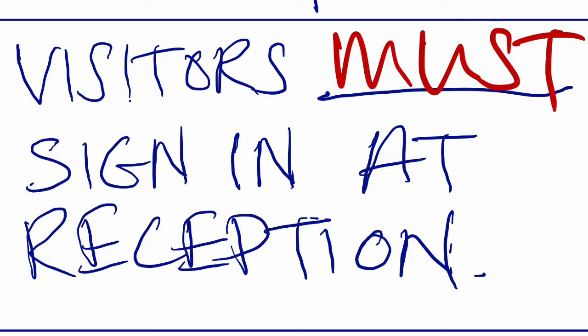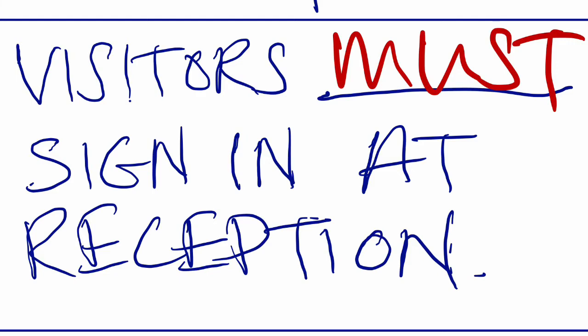This is in the same box in the top left-hand corner as my boss says I have to have my hair cut. Because if you saw this sign and you were with a friend, you would read the sign, visitors must sign in at reception, and then you would turn to your friend and say, hey look, we have to sign in at reception. Okay, so the very formal version would be must, but then you'd say to your friend, we have to sign in.